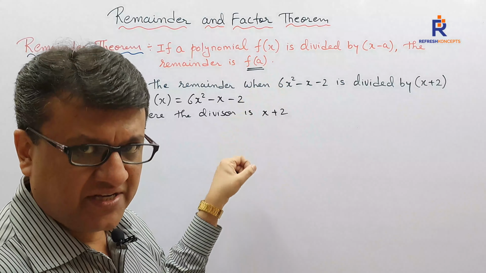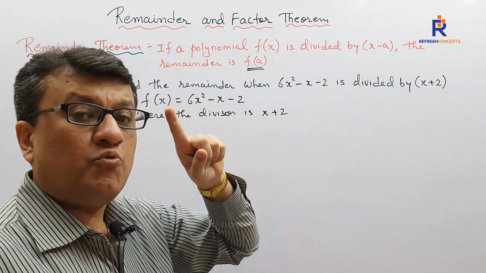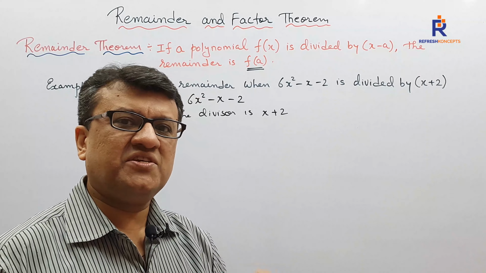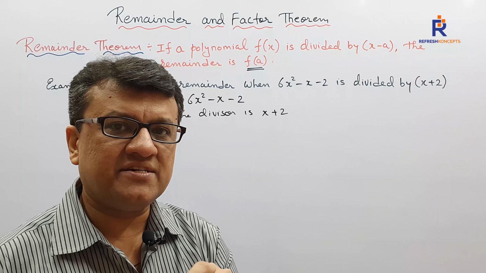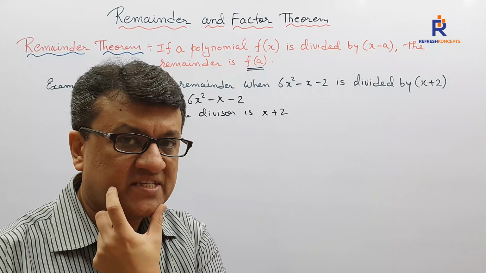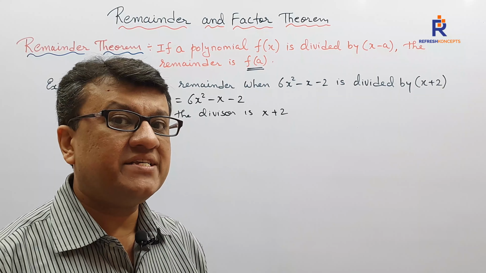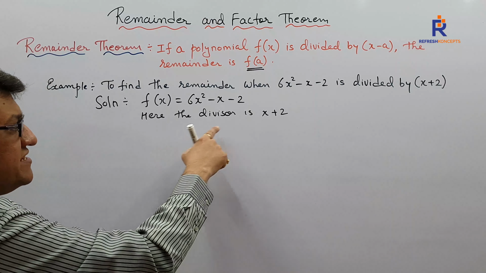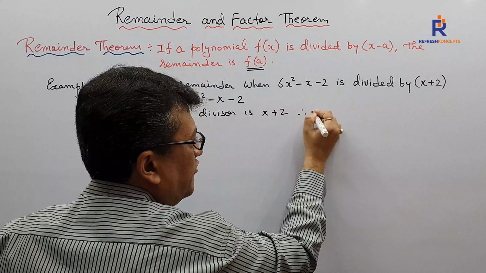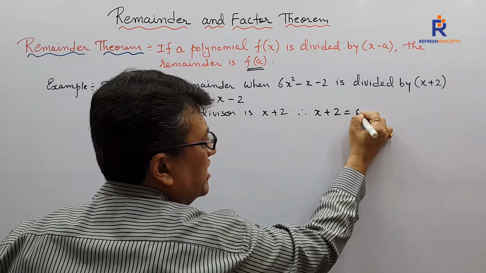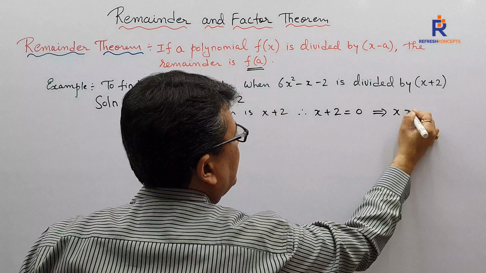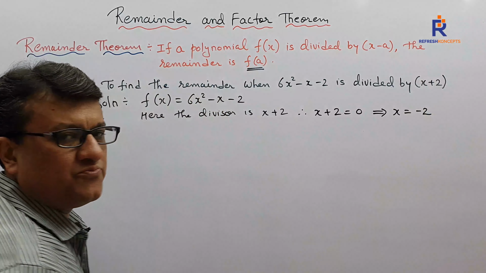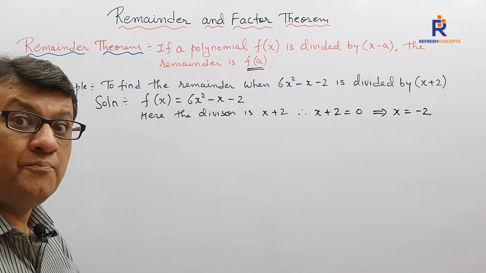Here is the answer. Whatever the divisor is, we just need to equate that divisor with 0. So here the divisor is x plus 2, which implies x plus 2 equals 0, which implies x is nothing but minus 2.